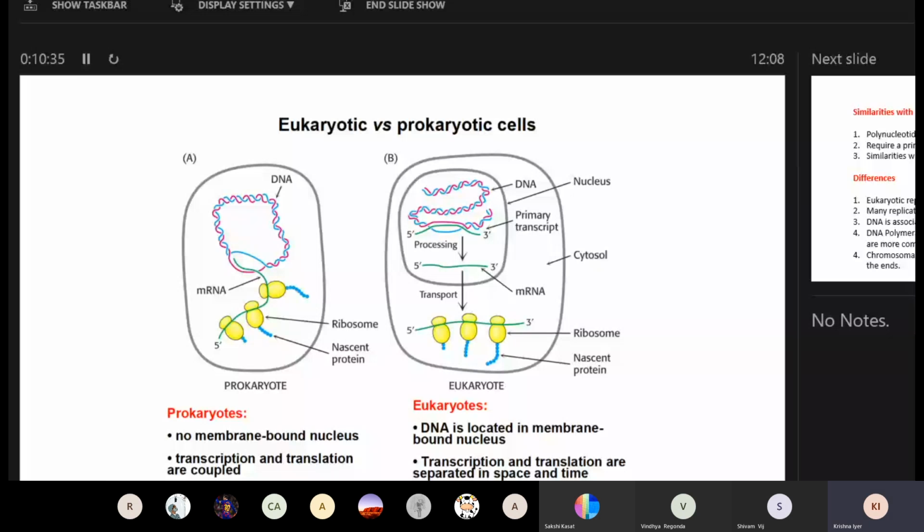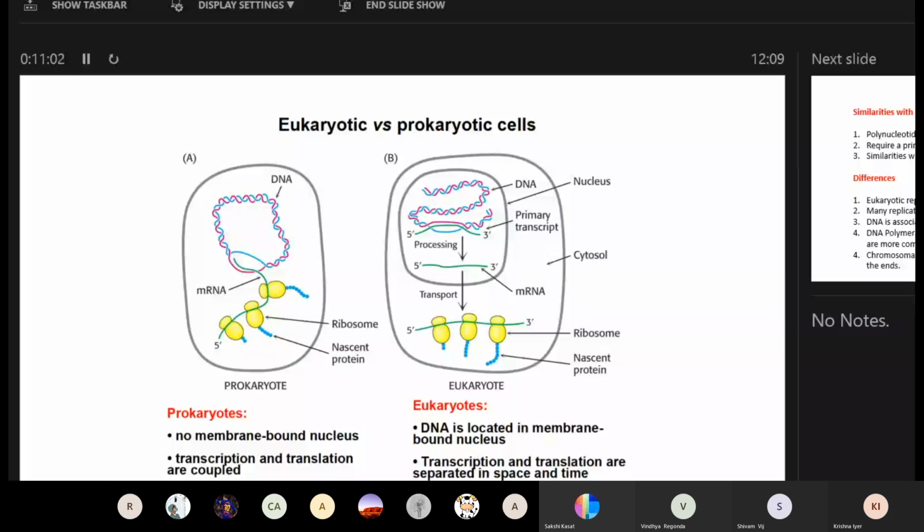With respect to that process, something interesting happens in prokaryotes. If DNA is being converted to RNA as part of the transcription process, this will also occur in the cytosol. So as that mRNA is being made and released in the cytosol, ribosomes can add to that newly synthesized mRNA and start making the protein.